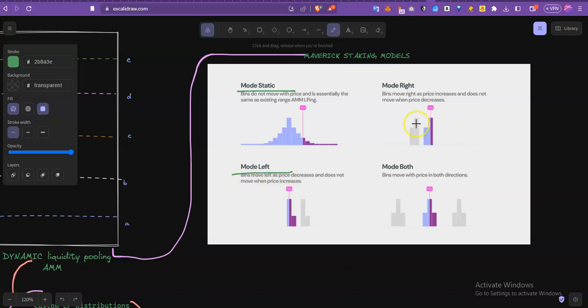So depending on how you want to move, you can say, okay, move my liquidity up when the price is going up, or move my liquidity down when the price is going down, or you can say move it both ways. I want to be part of both ways, but when the price is going sideways, please don't move my liquidity, which is the static part. So you will define each of these parameters, and they have their own benefits and disadvantages.